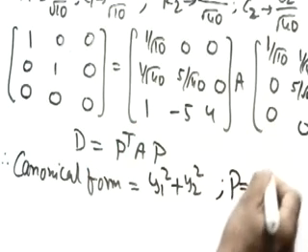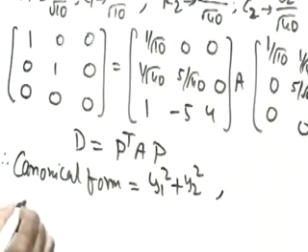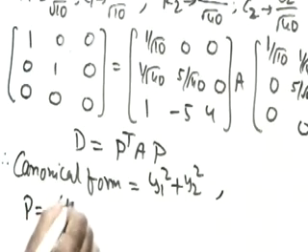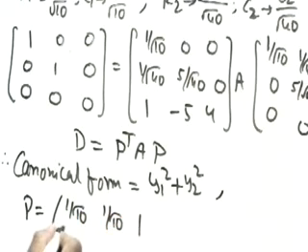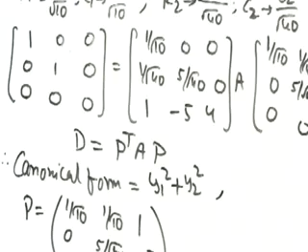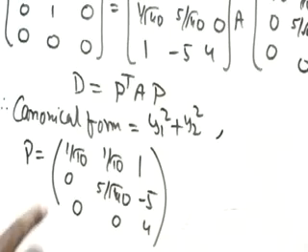This is P transpose, this is P, so I am writing just P. We are having P equals 1 by root 10, 1 by root 40, 1, 0, 5 by root 40, minus 5, 0, 0, 4. This is P.